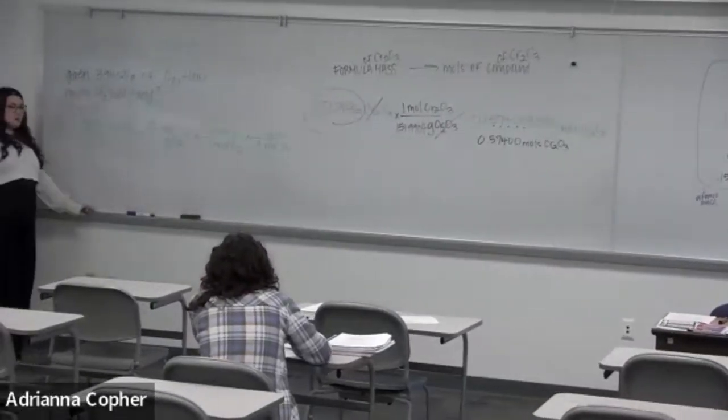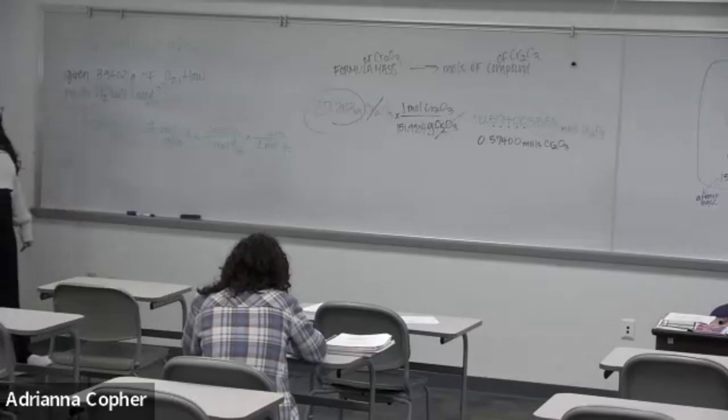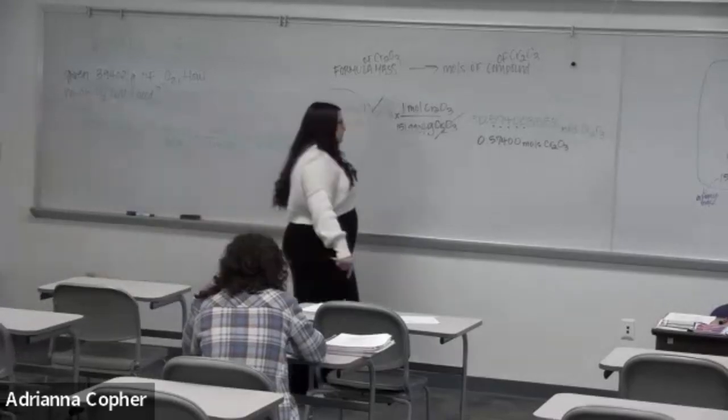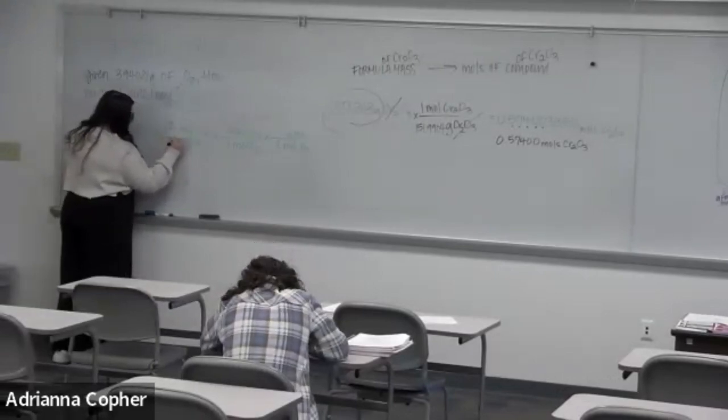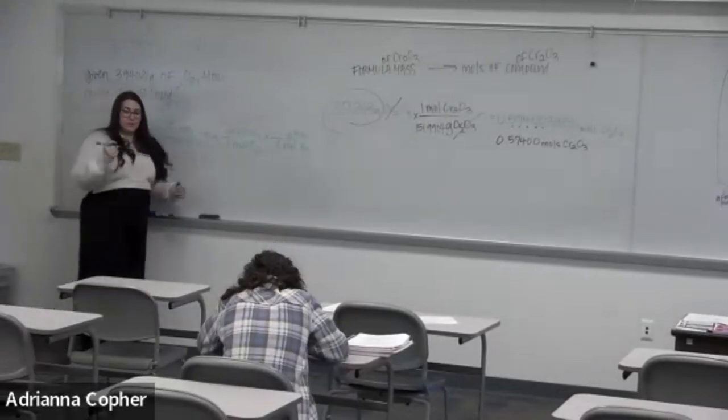Can anyone tell me the formula mass of O2, not rounded? Times 2, because it's O2. So we have 2 moles of that in 1 mole of molecular oxygen. What did you say? 31. Okay. What about H2? What's our formula mass?